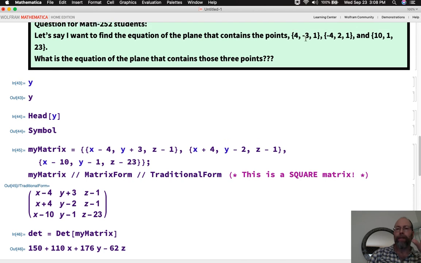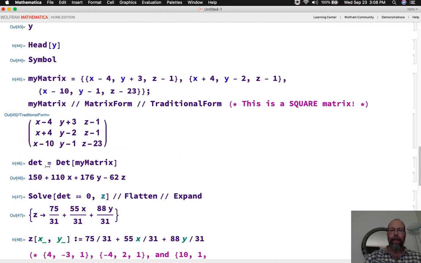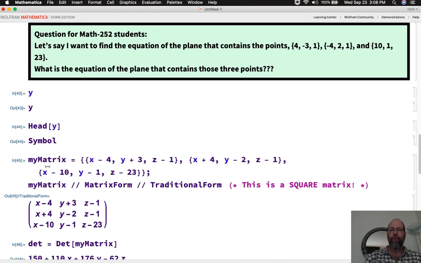Okay, these are my points right over here. Let me do a copy and paste. Oh, that's going to be a little tricky. Hold on one second. And 10, 1, 23.